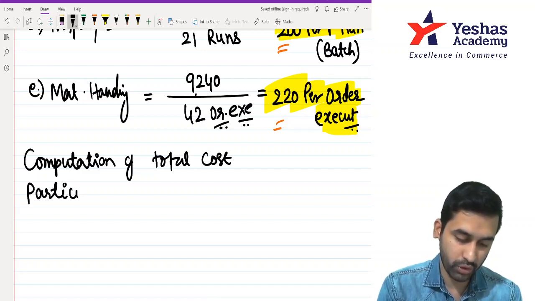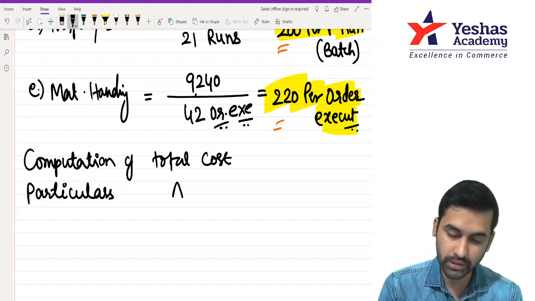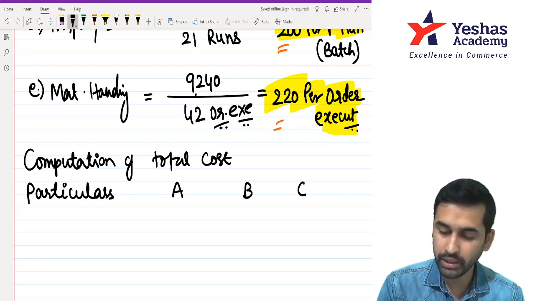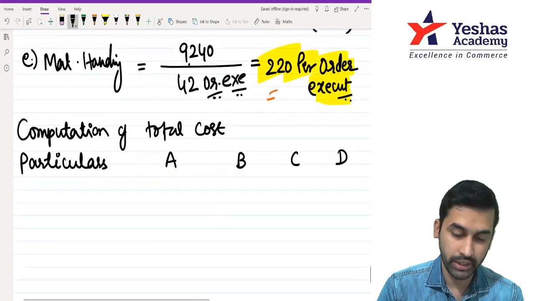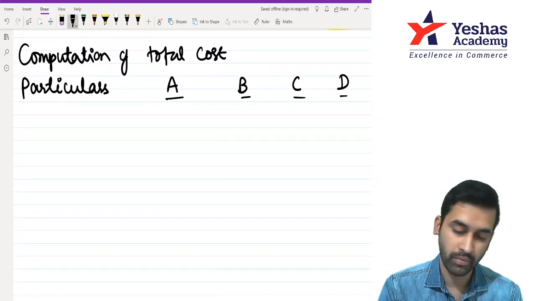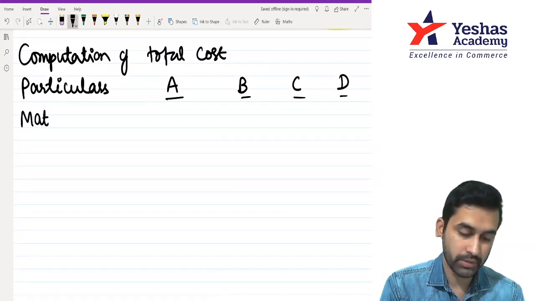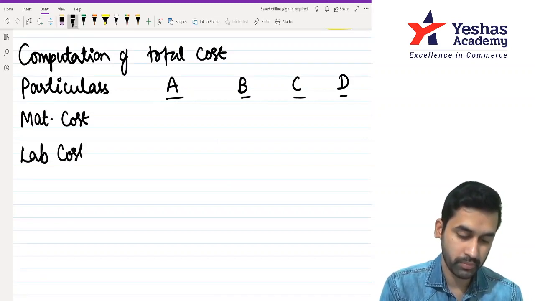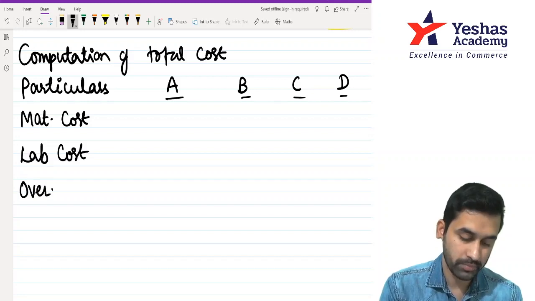Computation of total cost. Particulars A, B, C, D. Material cost, labor cost, overhead cost.